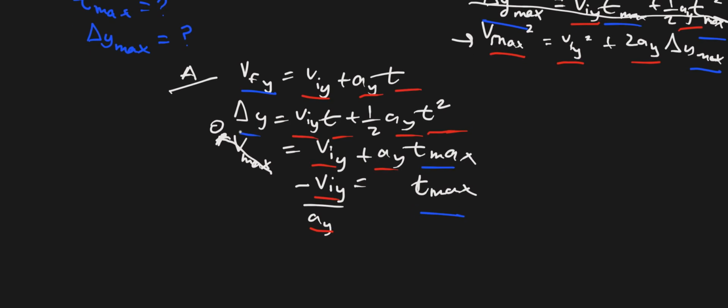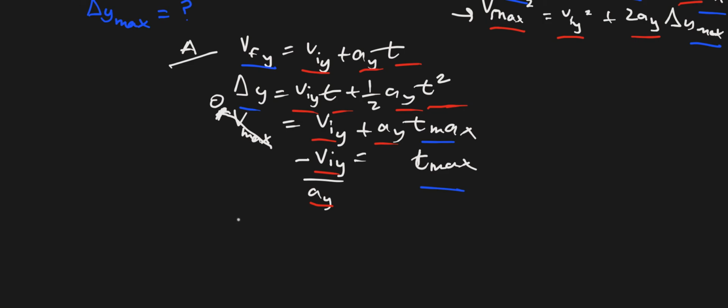The last equation here is our v max equation. Again, we can get rid of that. This is a 0. So this is just negative v initial y squared over 2 a y is equal to delta y max. I just wrote this quicker because I don't want to waste time.